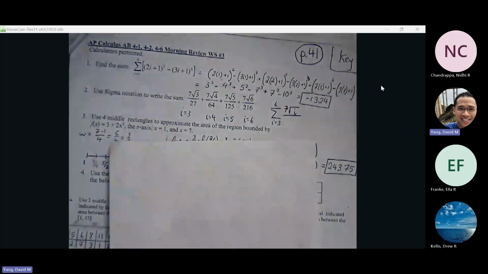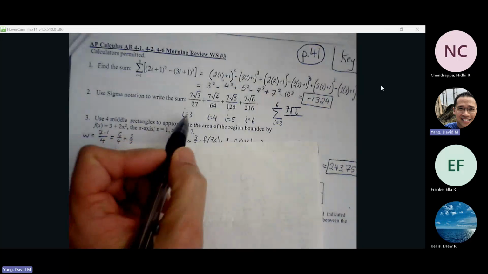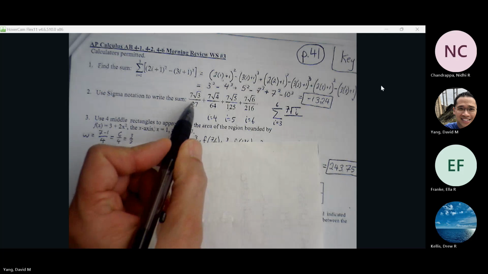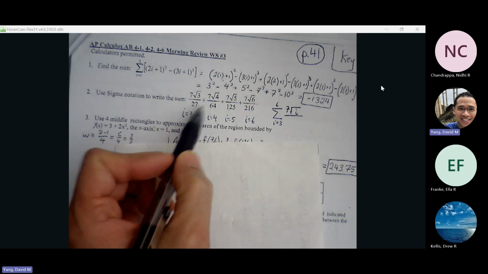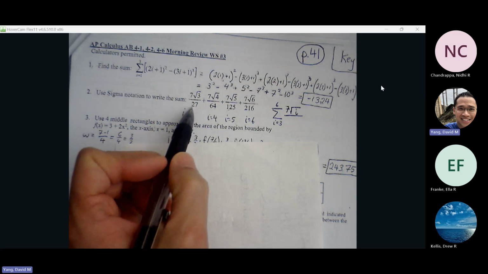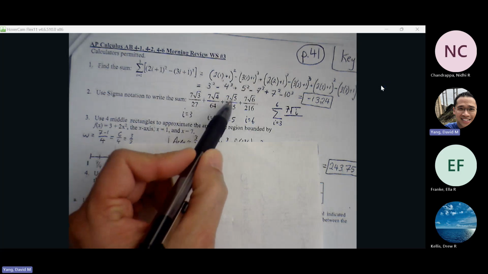We're not going to make any changes to the term that we plug into the rule. The denominator, though, this is i cubed. i cubed will get from 3 to 27, 4 to 64, 5 to 125, 6 to 216.